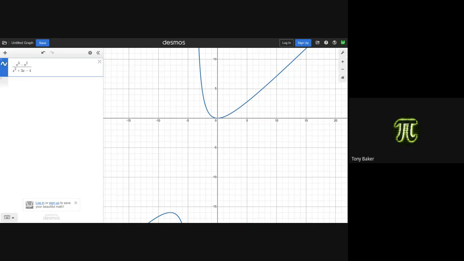Because if we look at that, if we're going from the left, this bottom part is going to be negative, and the top part is going to be positive. So by factoring it, it made my life a little bit easier to notice that. Since the bottom's negative and the top is positive, this is going to negative infinity.